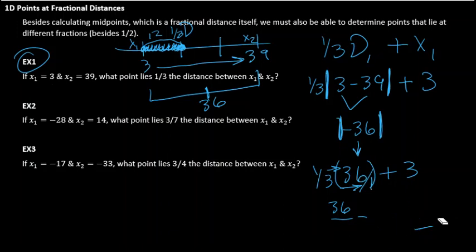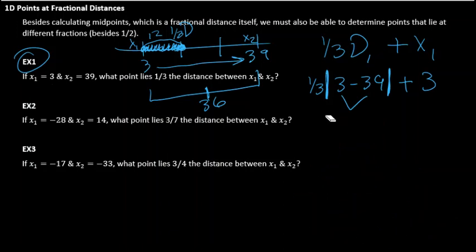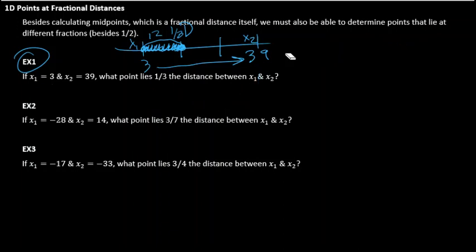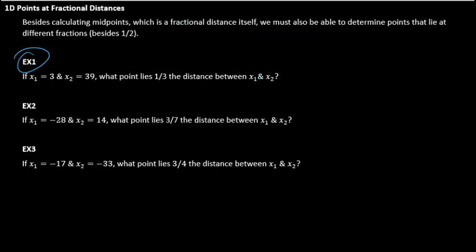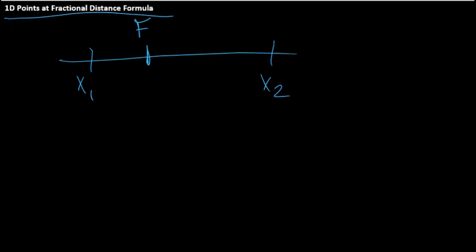So from this, we have a little generalization that gives us a formula. If you're trying to calculate the point at a fractional distance from another point, all you need to do, so here's x1, here's x2, here's the point at some fraction of a distance, right? This is our fractional distance.